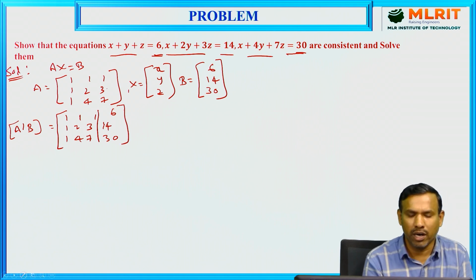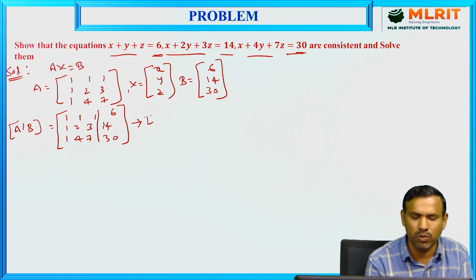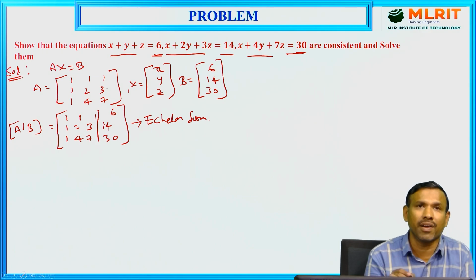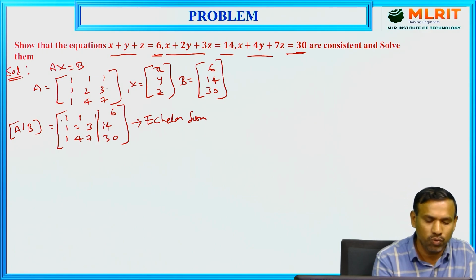Now what we'll do? Reduce to echelon form. This matrix should be changed to echelon form to find the rank, because the solution of the system of equations depends on the rank of A and the rank of A by B. Using R1, make the R2 and R3 elements 0. That is very easy. R2 becomes R2 minus R1, R3 becomes R3 minus R1.